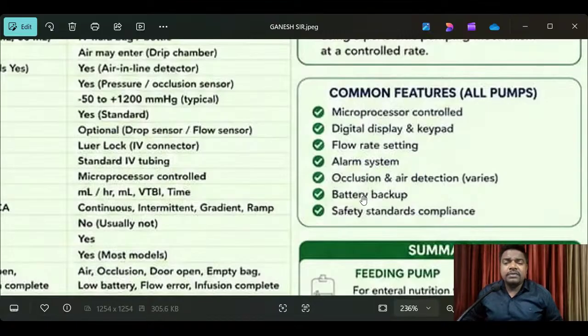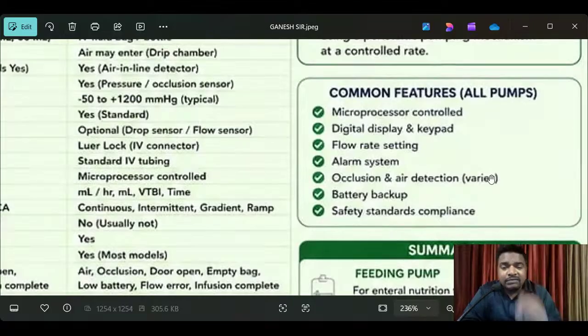Alarm system, occlusion and air detection varies, and battery backup and safety standards compliance. Why I bring up this topic: if you see a syringe pump, an infusion pump, a feeding pump, they all look the same, but functions and principles are different, with different causes. That's why I'm going to share those things here, and give the presentation pin to pin, point by point. I'm going to read if needed.